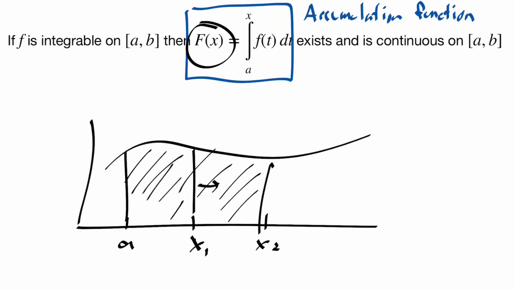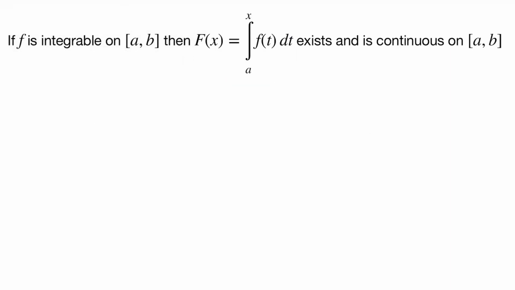So if this is x1, then as you get to x2, you have even more area, and so F of x2 would be bigger than F of x1, assuming little f is positive. Okay, so this is what we call an accumulation function, because you can imagine as this line moves to the right, you're accumulating area behind it. Again, if your function is below the axis, you're accumulating negative area behind it.